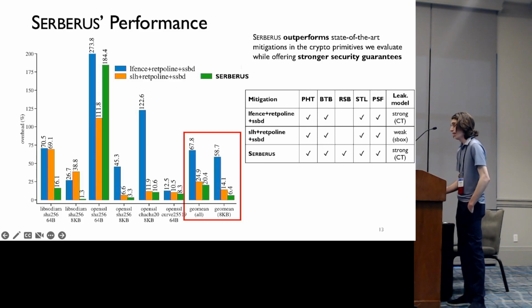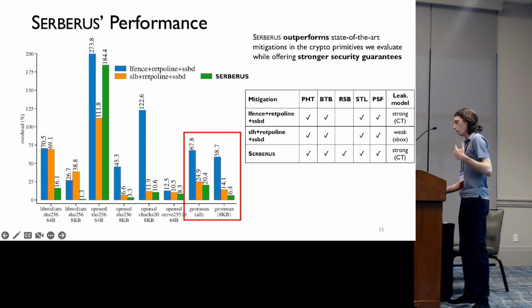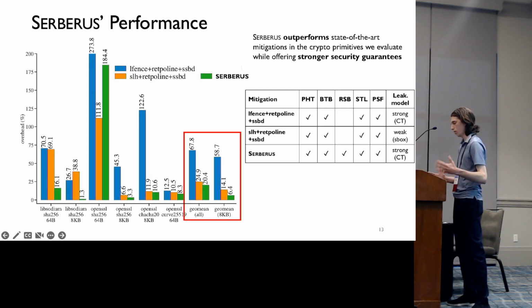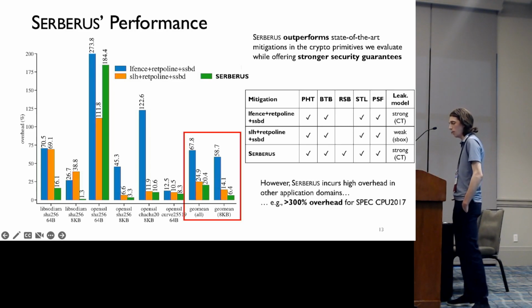We saw an average of only 6.4% overhead for the larger buffer benchmarks, where they were processing larger buffers, like encrypting larger amounts of data. One limitation we noticed, though, is that Serberus' performance does not scale to other application domains. It seems to be well suited for constant time code, but doesn't work so well for other applications. In fact, we ran it on the SPEC CPU benchmarks, and we saw over 300% overhead, a huge difference.